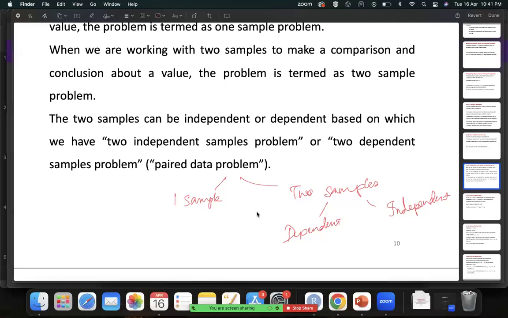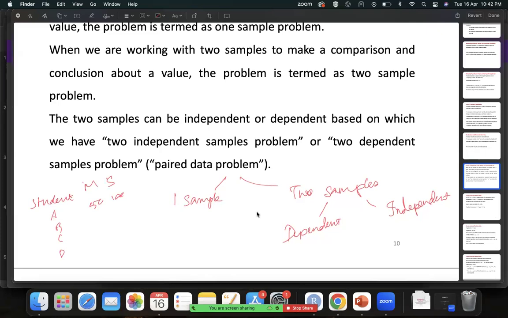A simple example of dependent samples would be that you have a list of students, the same students A, B, C, D, and you have their marks across different subjects, in maths and in science.